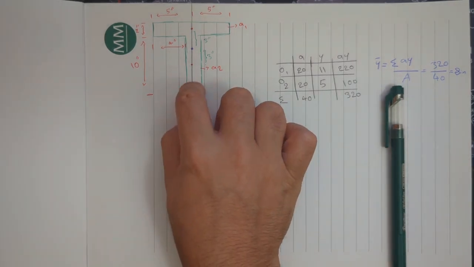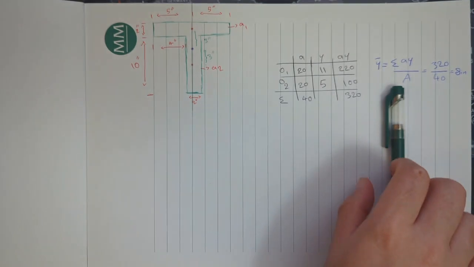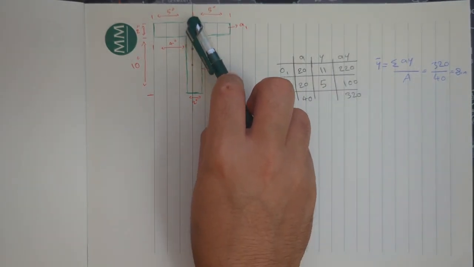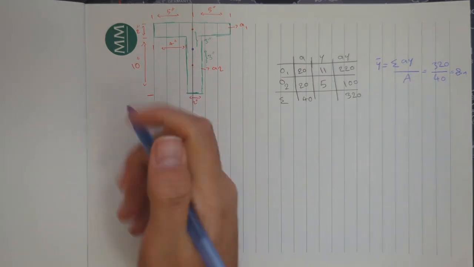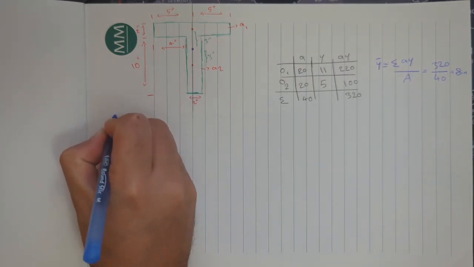Because this is 5, this is 8, so 3 inch, and this is 8, this is 11, 3 inch. All right, so we have D1, D2, and let's see how much my I is. Let's do it with this pen.